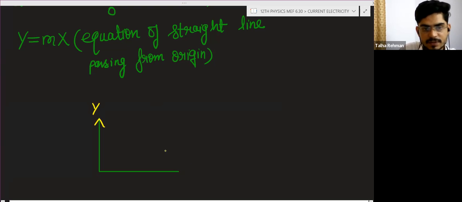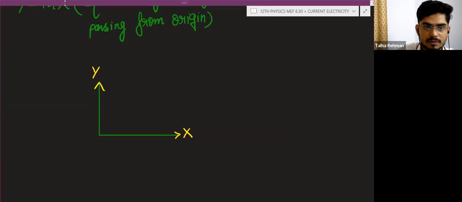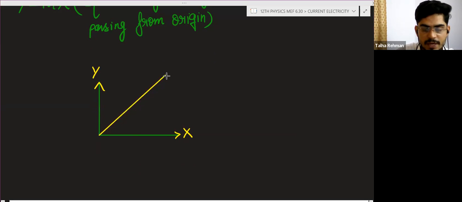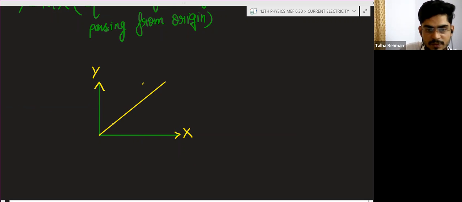If this is the y-axis and this is the x-axis, and a straight line is passing through the origin like this, making an angle theta, then the equation of this line is y is equal to mx, and here m is the slope.